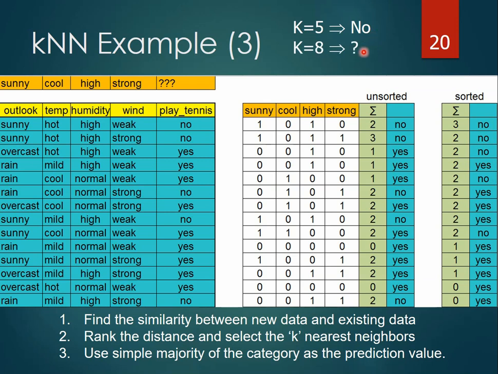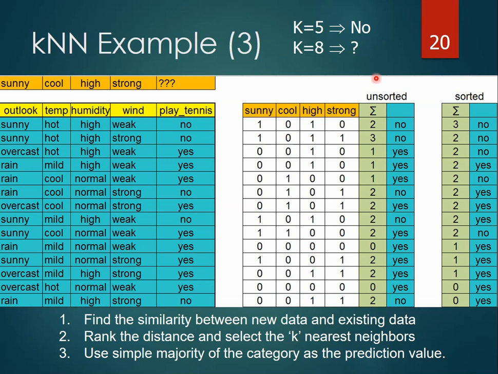However, what is the outcome or the class label if k equals 8? So 8 is 1, 2, 3, 4, 5, 6, 7, 8. We have 4 yeses and 4 nos. So it is a balance between yes and no. If we are faced with this situation, we should change the value of k so that we don't have a stalemate.